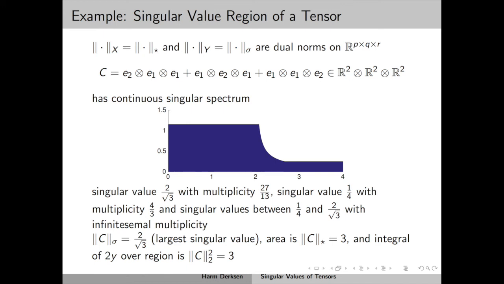if you have this diagonal singular value decomposition, then we really have this decomposition. But for general tensors, we may not have that. I also feel like there are reasons why you cannot have that in general.